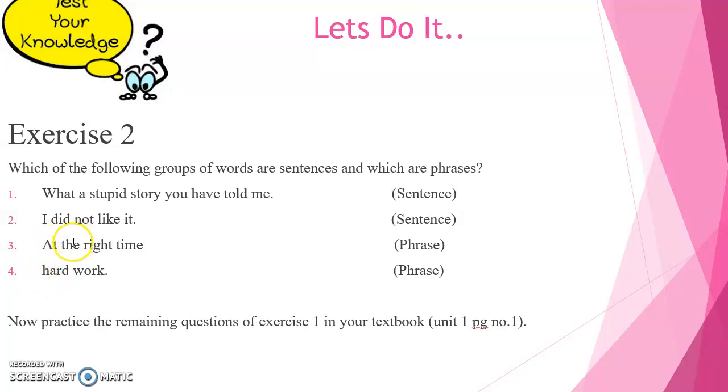You know with phrases, if we want a meaningful or complete meaning, we have to add some words. So here also we have to add some words. It means it is also a phrase.